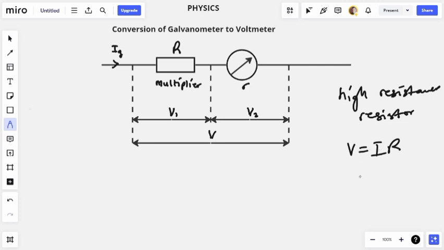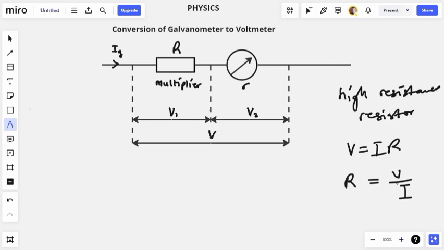Then for that of an ammeter, you can see that R equals V over I. That means resistance is inversely proportional to current.